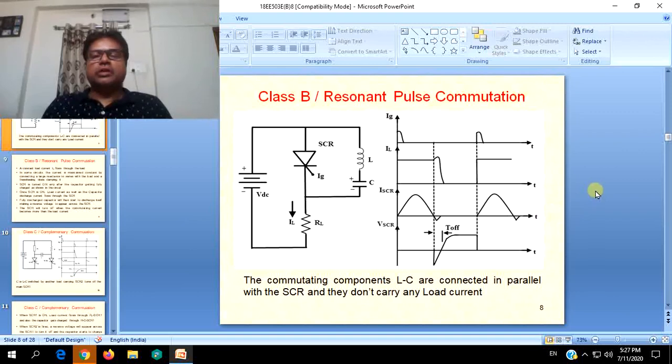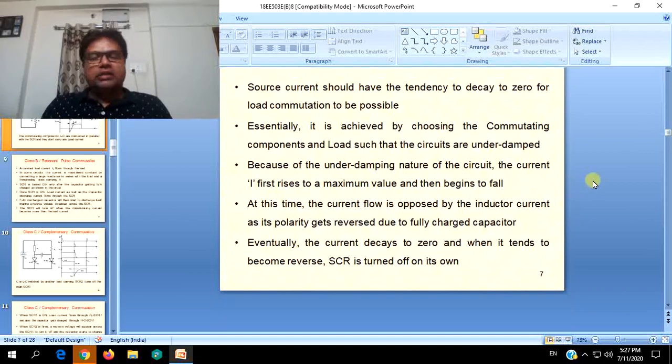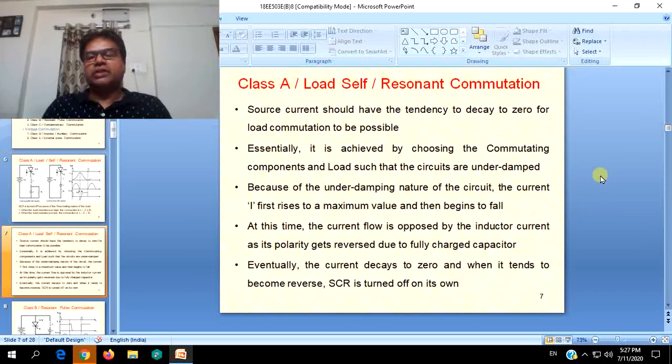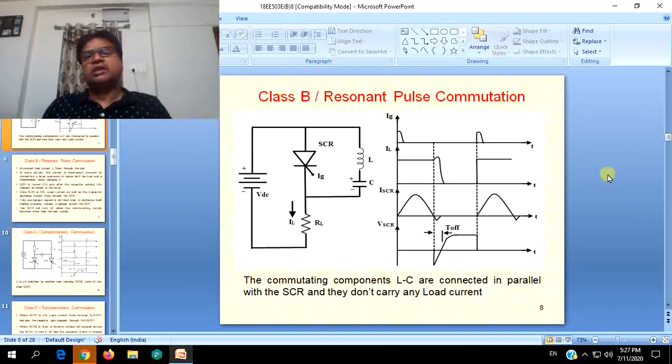And with this, it can be concluded that this is not the only circuit which can be used for class B, and to be specific, for any commutation procedure, the circuits which we are going to discuss are not the only configurations which can be used for commutation of SCRs. For all the commutation procedures, the orientation of LC and the other auxiliary SCRs may be designed in a different way, but the prime motto will be to turn the SCR off by decreasing the anode current and applying a reverse voltage across the SCR.